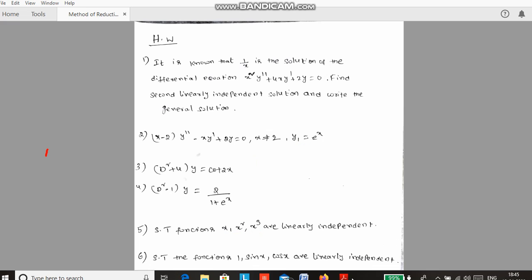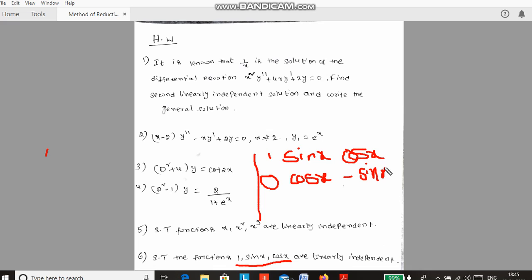So see the sixth problem. Show that the functions 1 comma sin x comma cos x are linearly independent. Same as the fifth problem, the first row contains the given functions 1, sin x, cos x. The first differentiation of 1 is 0, the first differentiation of sin x is cos x, and the first differentiation of cos x is minus sin x.